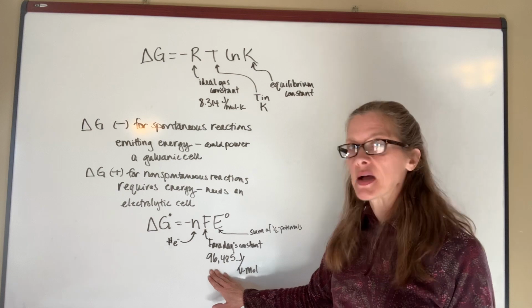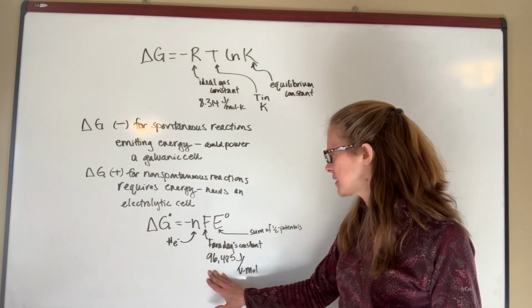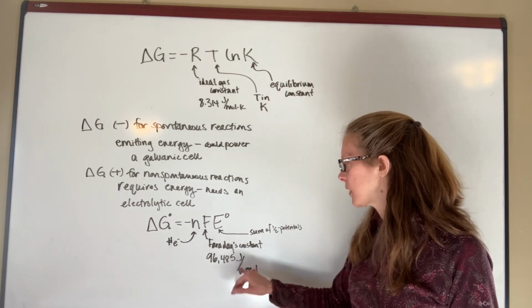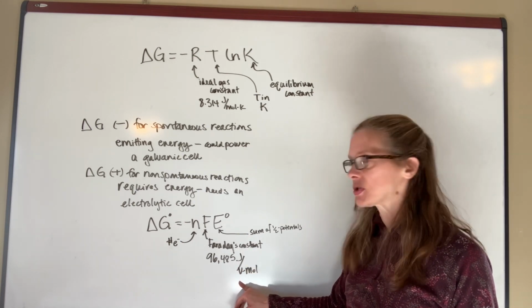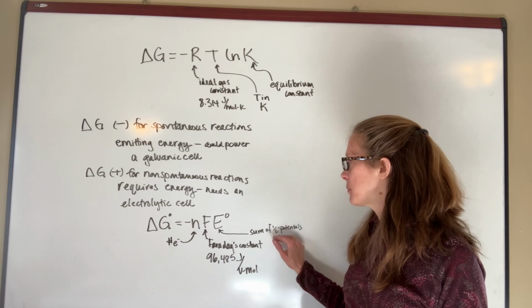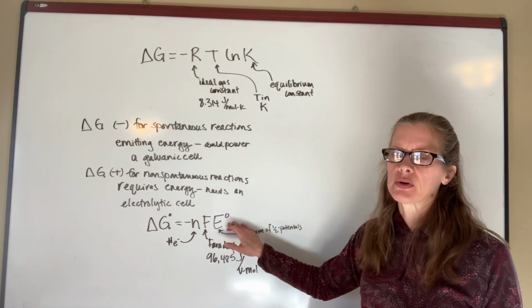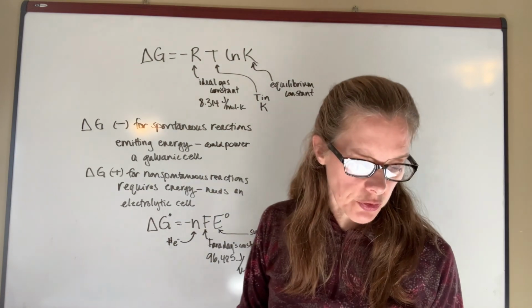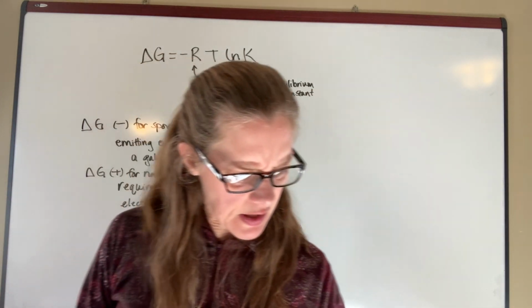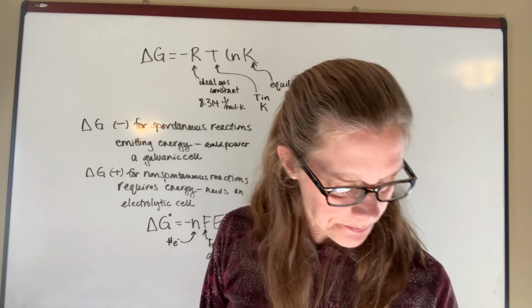F is Faraday's constant, which relates your energy, your number of moles, and your volts. And then the sum of the half potentials, which you learned how to calculate back in module 9 as well. So we will work through example 10.8 so you can see how this works.